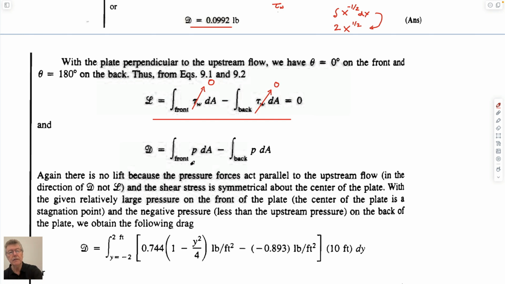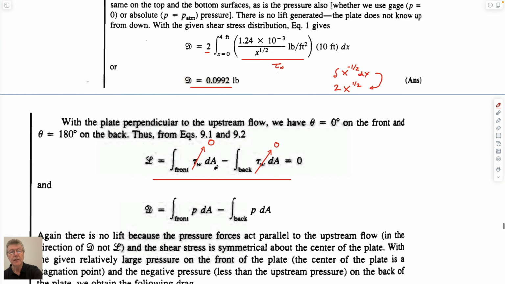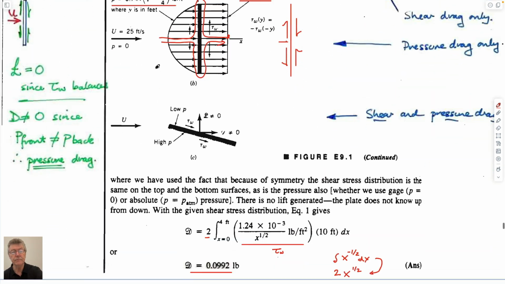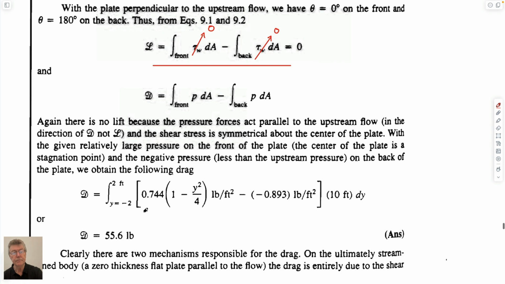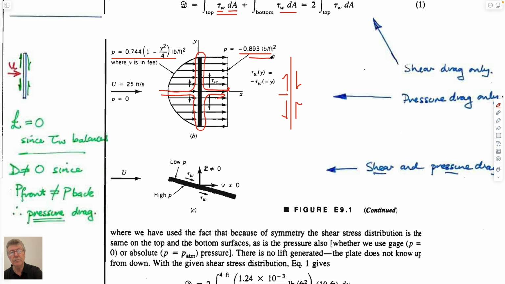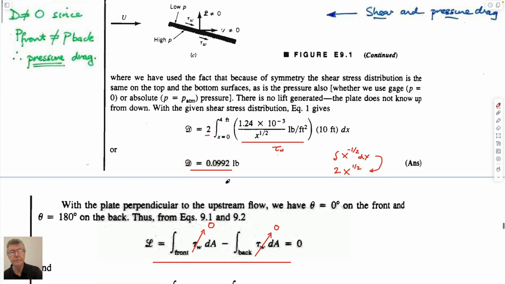And the drag would be the pressures acting on the front and the back. And so if the frontal pressure is equal to this term here, and the rear pressure is equal to this, which is just a constant, doesn't change with y.